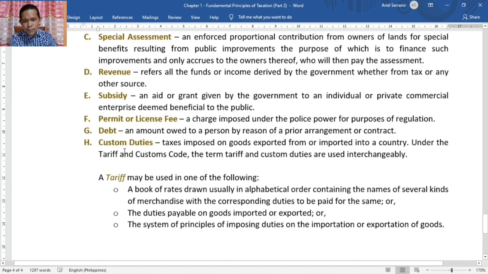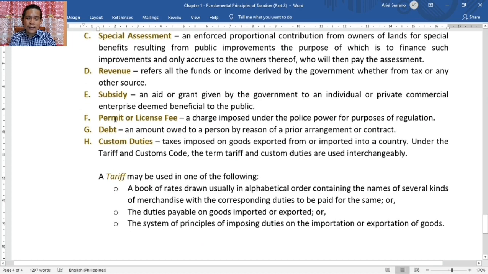Now, meron pa tayong permit or license fee. At ito, usually maririnig ninyo kapag mga renewal ng mga business licenses. Yung mga establishmento at the beginning of the year, kailangan na mag-renew ng lisensya, na business permit. So, yun yung example natin dito. Because when we are talking of this term, it is imposed under the police power for purposes of regulation.